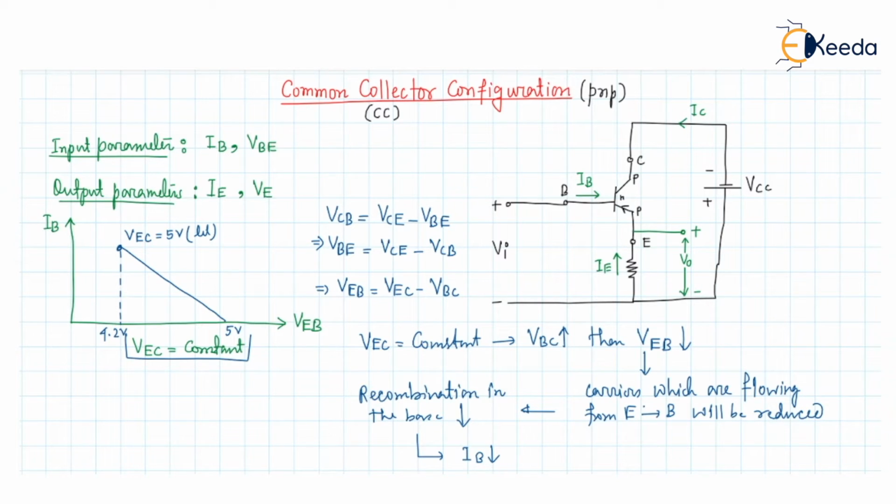Now let us see the output characteristics of the common collector configuration. The output characteristics of CC mode mean we have to plot IE versus VEC while maintaining IB constant.